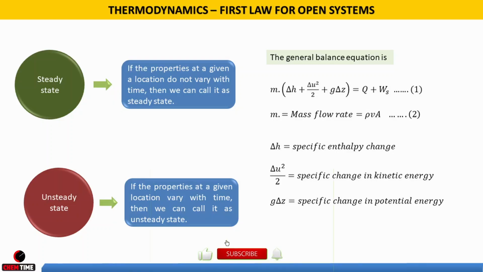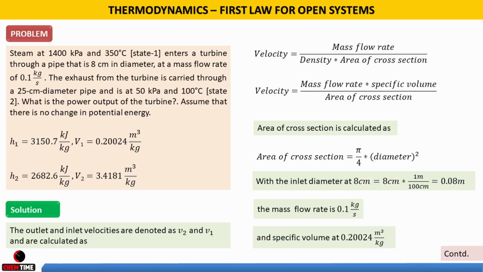Use of this particular equation is explained through the following problem taken from Introduction to Chemical Engineering Thermodynamics by Van Ness and Smith. The problem is steam at 1400 kilopascal and 350 degrees centigrade, designated as state 1, enters a turbine through a pipe that is 8 centimeters in diameter at a mass flow rate of 0.1 kg per second.